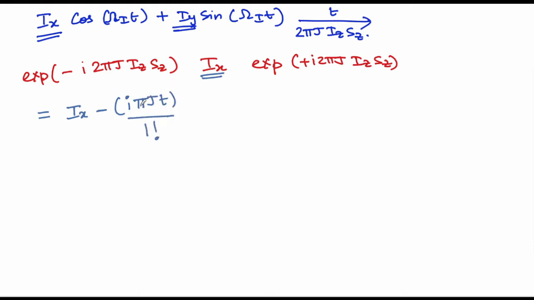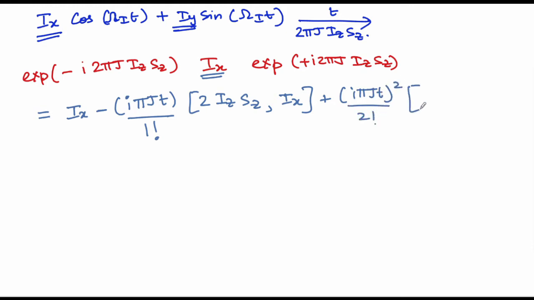The 2 could also be taken here, but you will see soon why the 2 belongs within the commutator: 2 Iz Sz comma Ix, plus i pi Jt the whole square by 2 factorial, the double commutator 2 Iz Sz comma 2 Iz Sz comma Ix, minus the third term i pi Jt the whole cube.